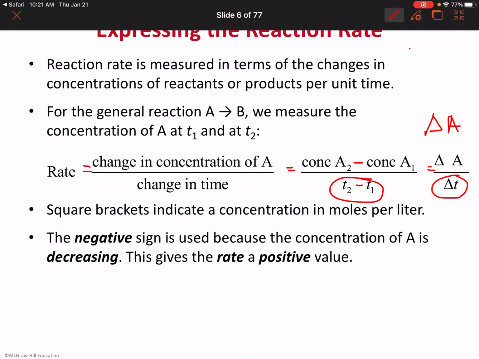Concentration of A2 minus concentration of A1. I'm going to check something here. I think it's negative.